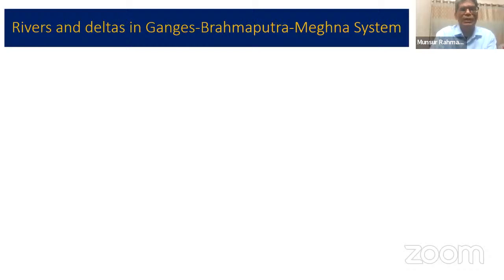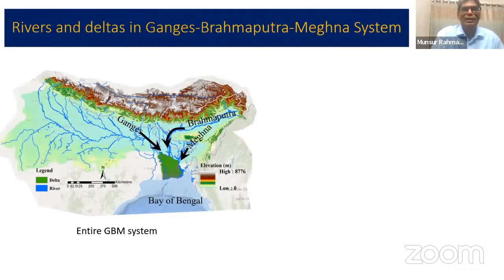If we introduce the Ganges-Brahmaputra-Meghna system from the global perspective, we see something like this: large river systems coming from different countries and meeting the sea over Bangladesh. That means the last part of this system is located in Bangladesh.